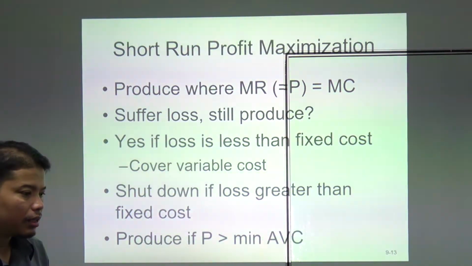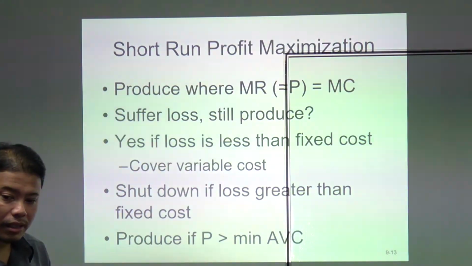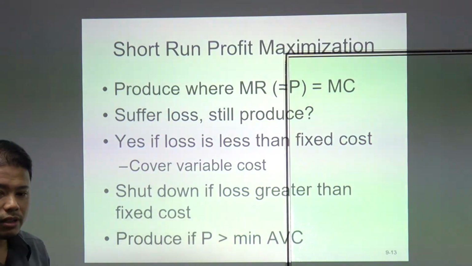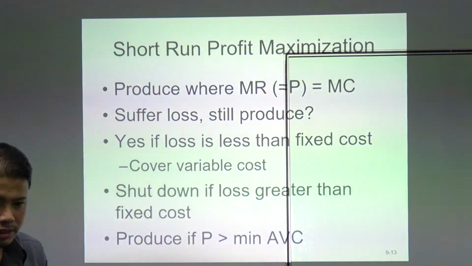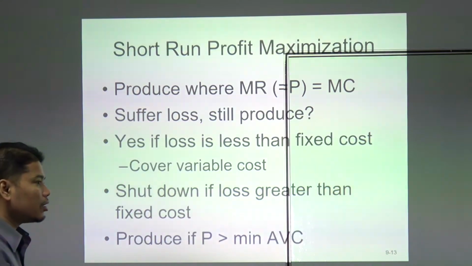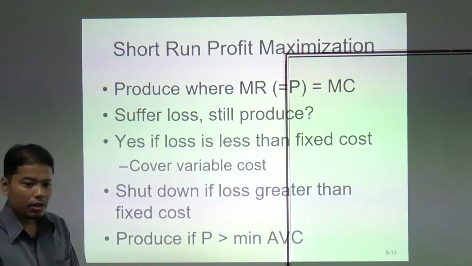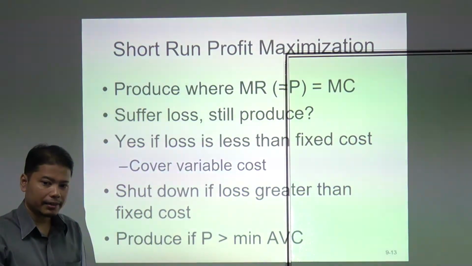Suppose there is an economic crisis, what we are currently facing now, a significant decline in market demand because of the lower purchasing power of consumers. Some of the people in the labor force lost their jobs, and therefore their purchasing power has declined.